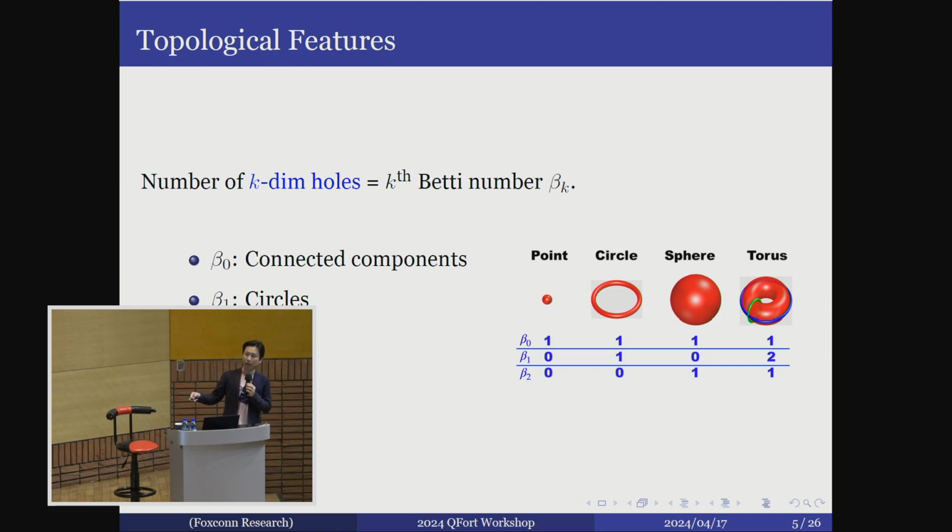So in this case you have one connected component: beta 0 is 1, beta 1 is 1, and beta 2 is 0. Beta 2 means that it has an empty interior. For example, a sphere has an empty interior, so its beta 2 is 1. Same for the torus. A torus has one empty interior, but it has two circles, one along this direction and the other along this direction.